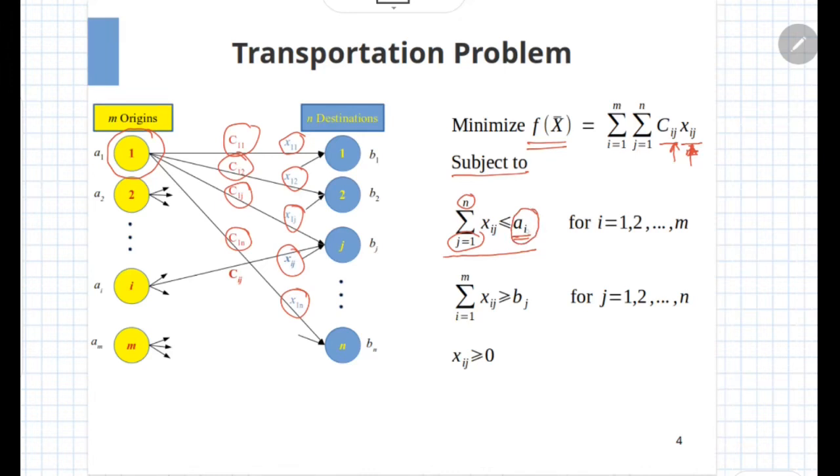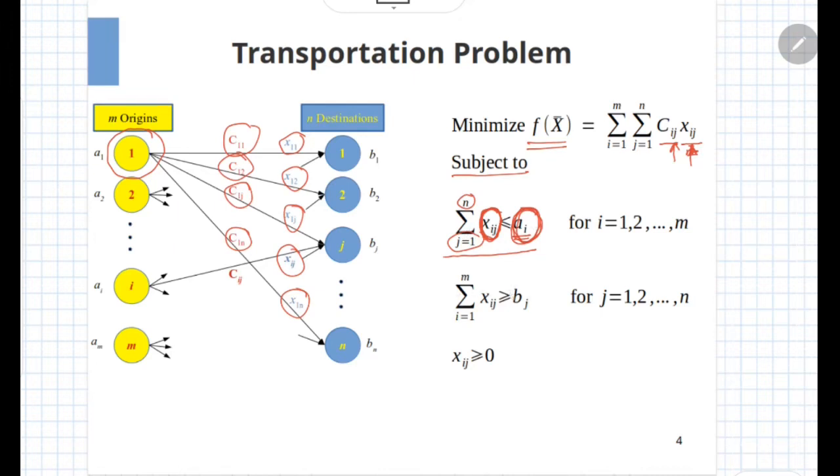So from ith origin you can supply to various destinations. The summation of quantity supplied to various destinations should be smaller than what is available at the origin, and this is for all m origins.